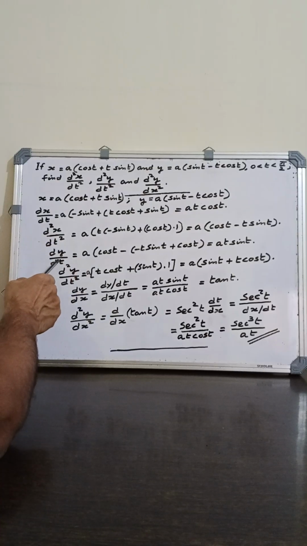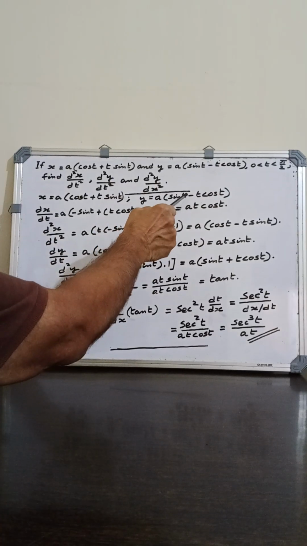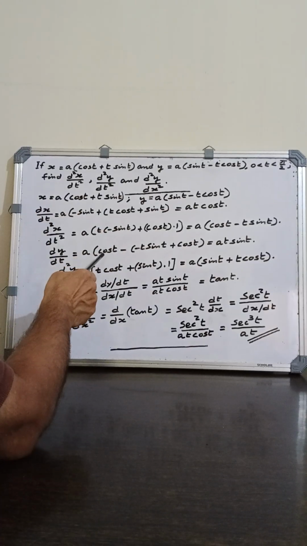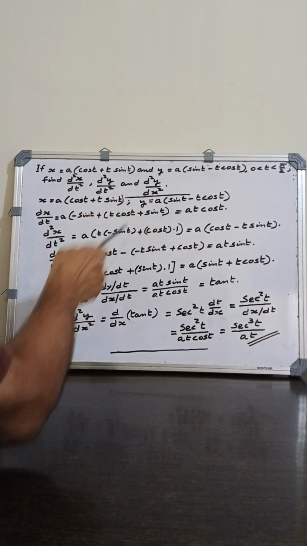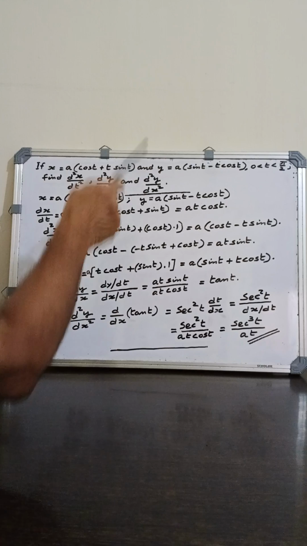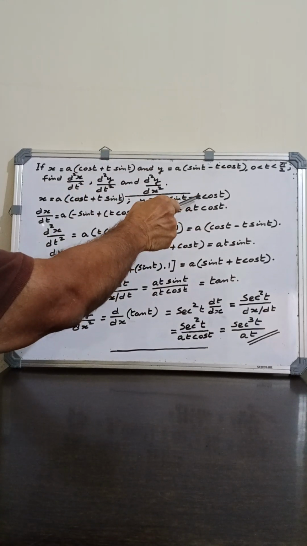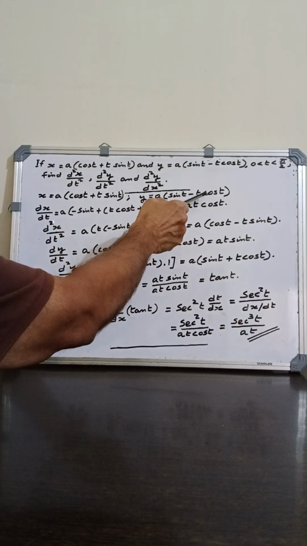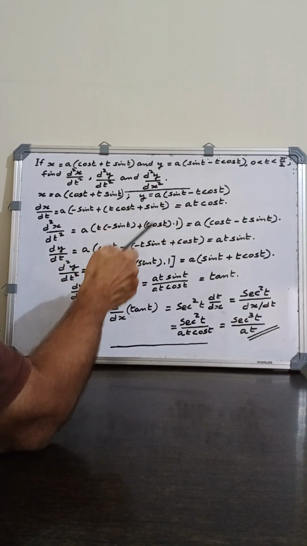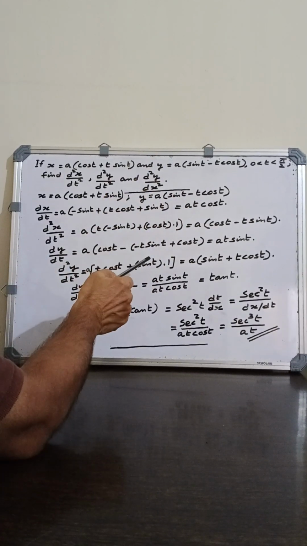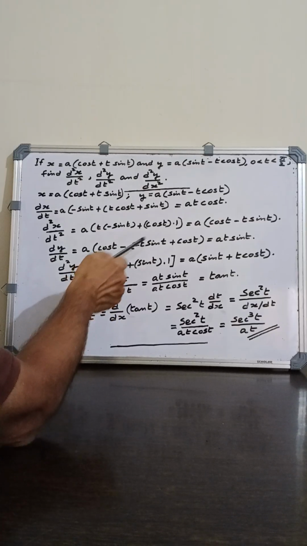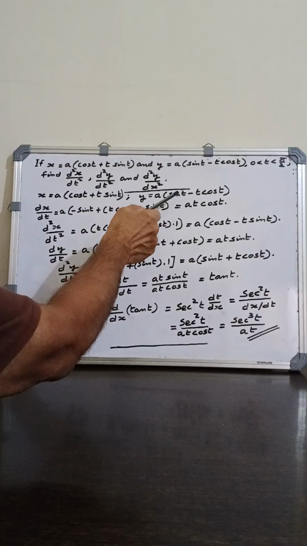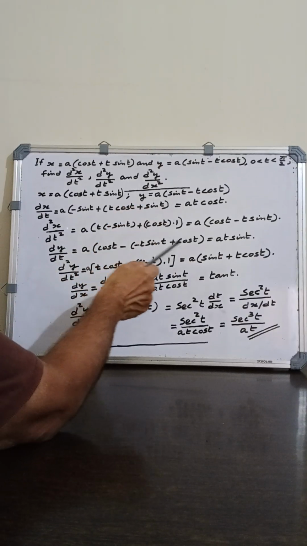Next, dy by dt, where y equals a into sin t minus t cos t. dy by dt equals a into d by dt of sin t minus t cos t. For t cos t, we use the product rule: t into d by dt of cos t, which is minus sin t, plus d by dt of t, which is 1, times cos t.